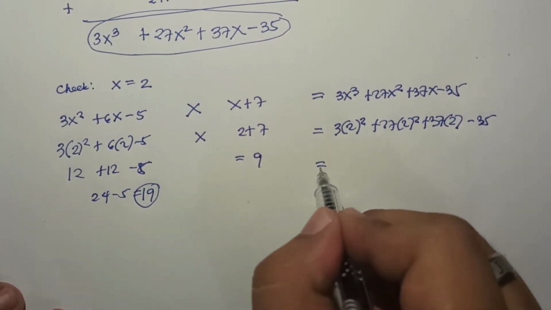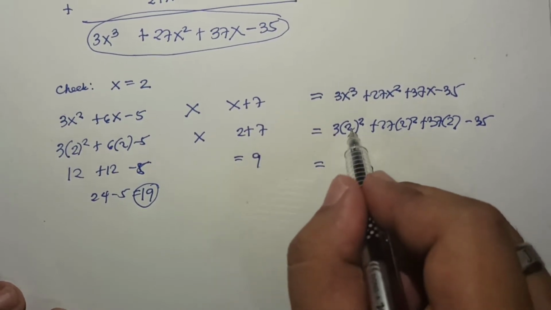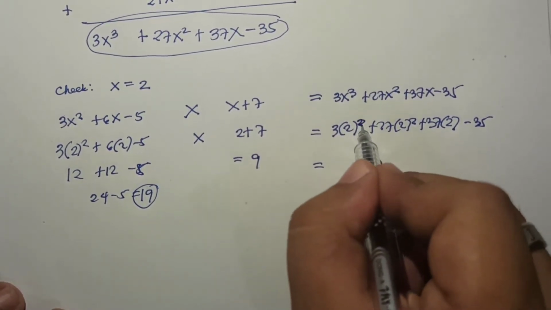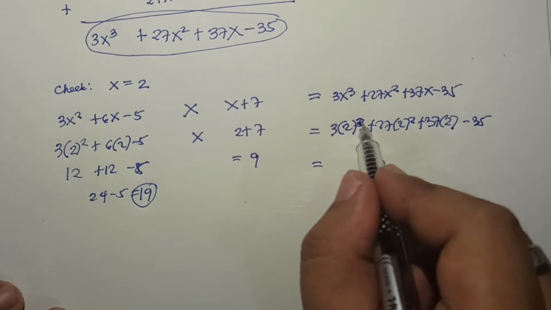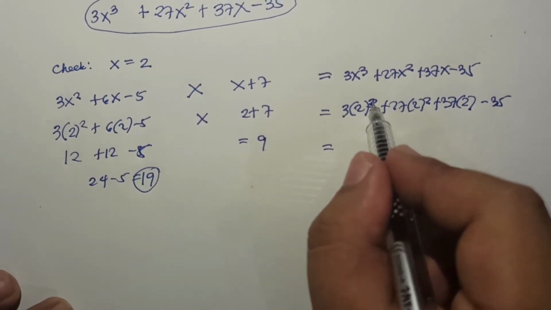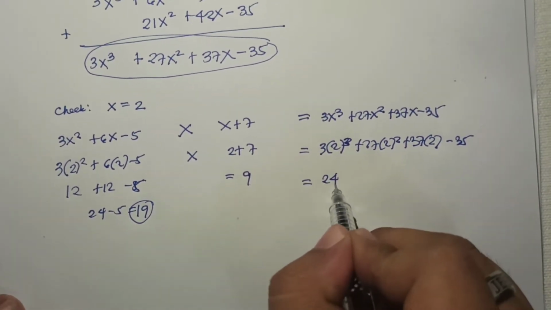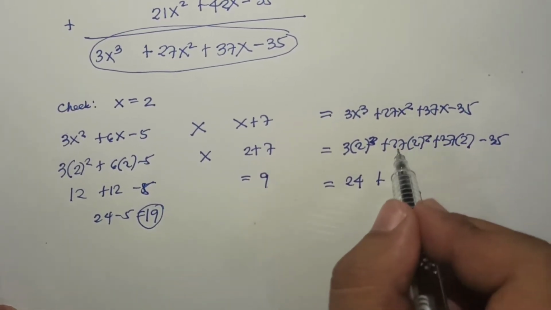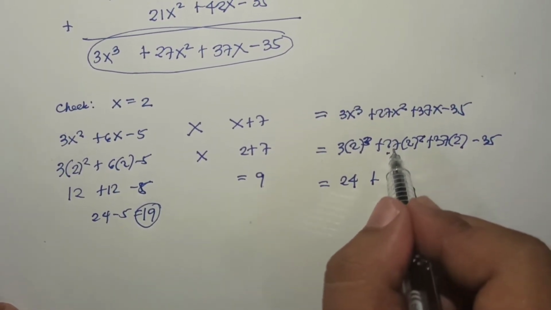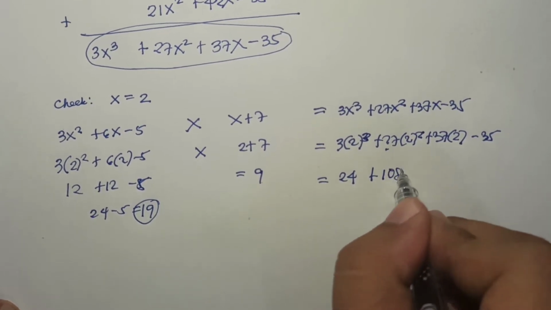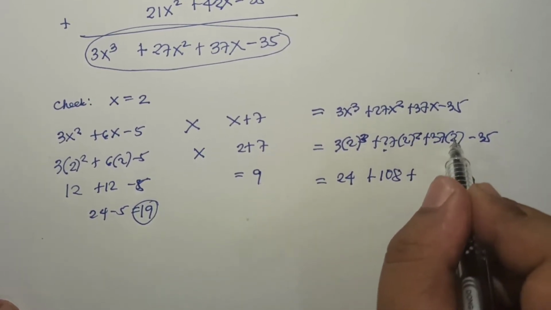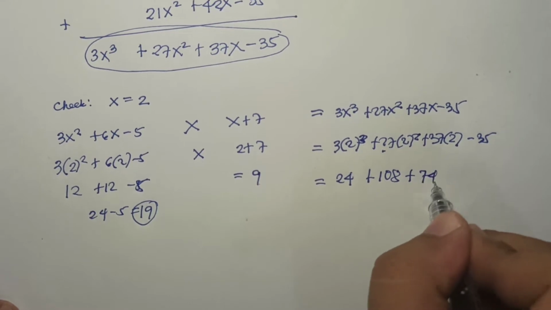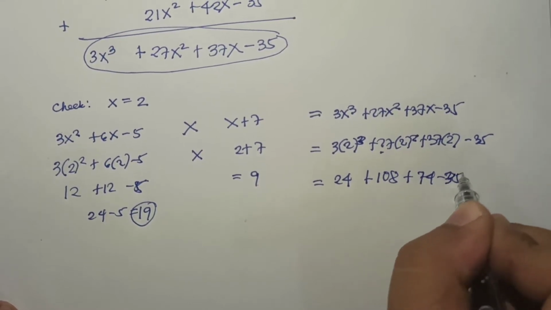In this equation, we have 2 cubed, 8 times 3 is 24, plus 2 squared times 27, 4 times 27 is 108, plus 37 times 2 is 74, minus 35.